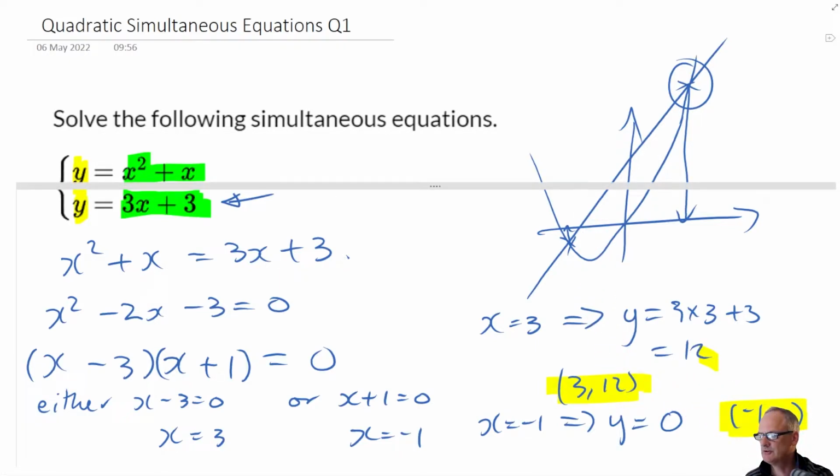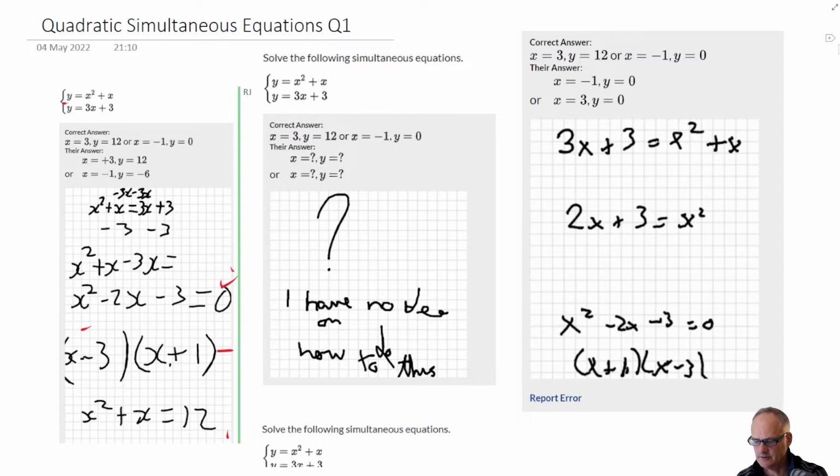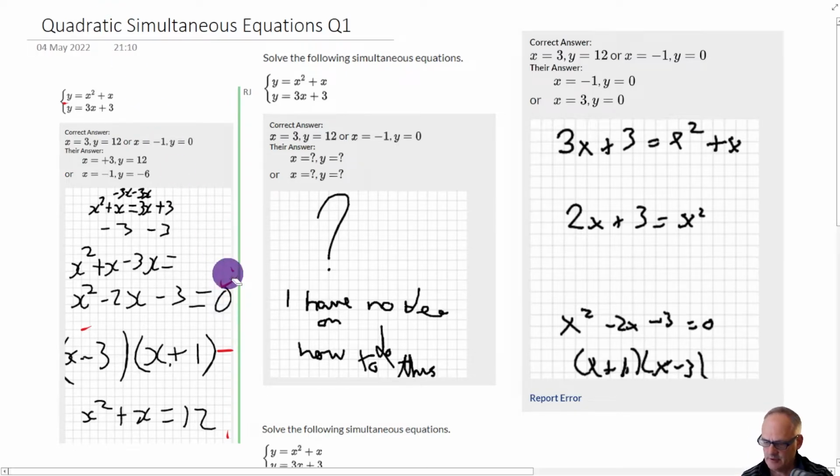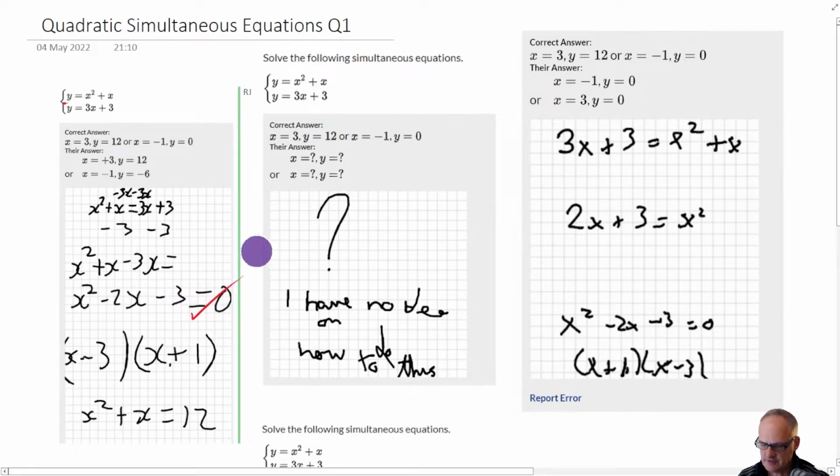What we're going to do is look at some student answers where they couldn't do this question. Here you can see some answers, actually some of my previous students' writings on this. We're just going to look at what causes students problems, and therefore you might be able to see where you go wrong. Now you can see down to here, this student has managed to work it out correctly.